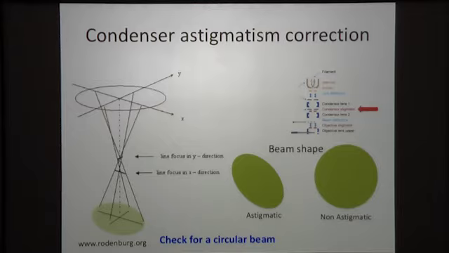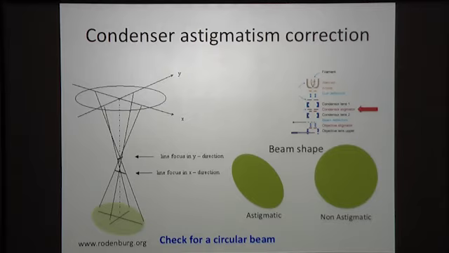Next step is to check the condenser astigmatism. Astigmatism in general is a property of the lens, where the perpendicular directions don't have the same strength, so you get 2 focal points shown here.